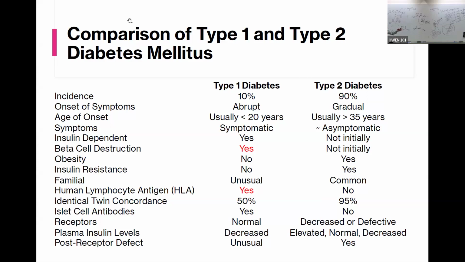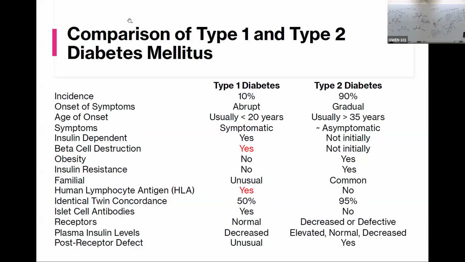Yesterday you are fine, and then, well, quick means not like overnight, but in a very short period of time you see the patient get very weak, and all the symptoms of diabetes show up. Usually under 20 years of age. Insulin dependent, yes, for type 1 diabetes, not initially for type 2 diabetic patients. Beta cell destruction, yes, for type 1 diabetes, not type 2 diabetes, at least not initially.